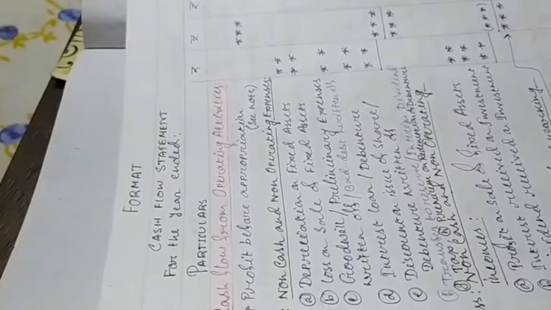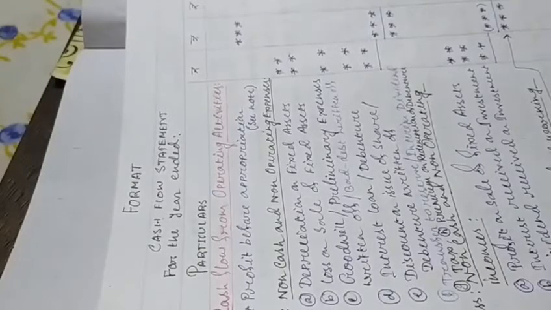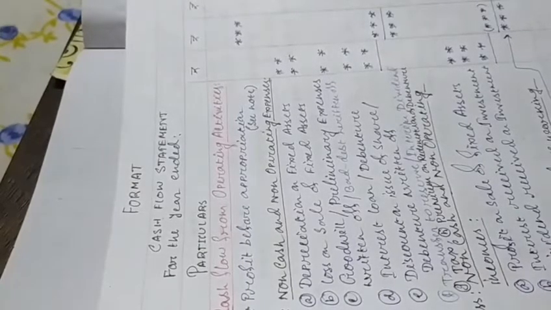Here are some examples. First one is depreciation on fixed asset. Second one, loss on sale of fixed asset. Then goodwill written off, preliminary expenses written off, and bad debt written off.